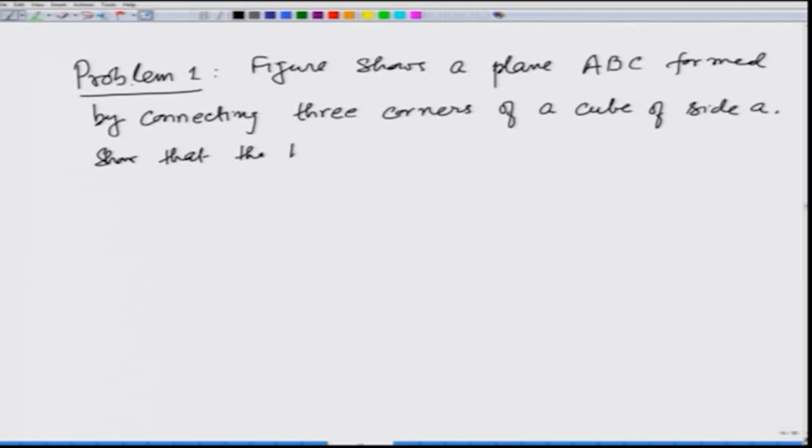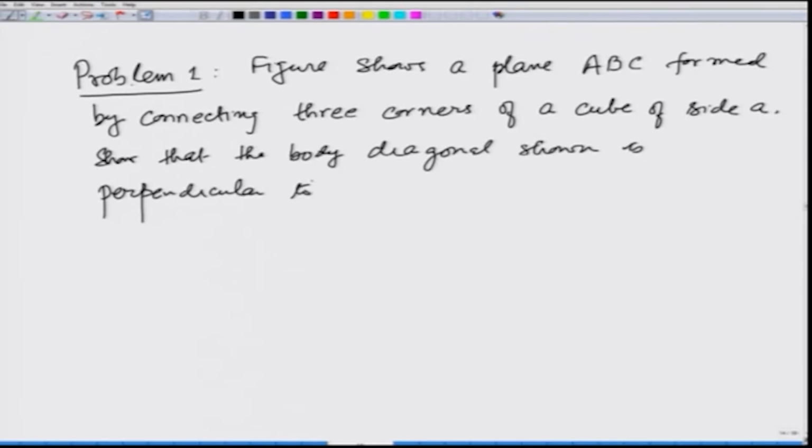the body diagonal shown is perpendicular to the plane.